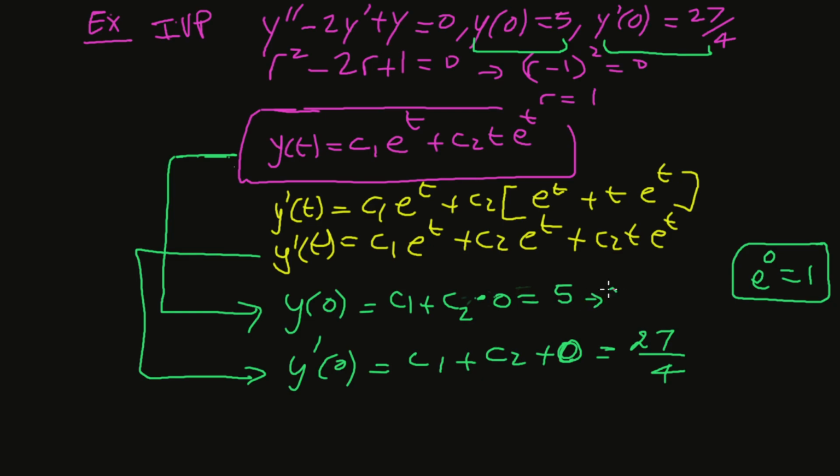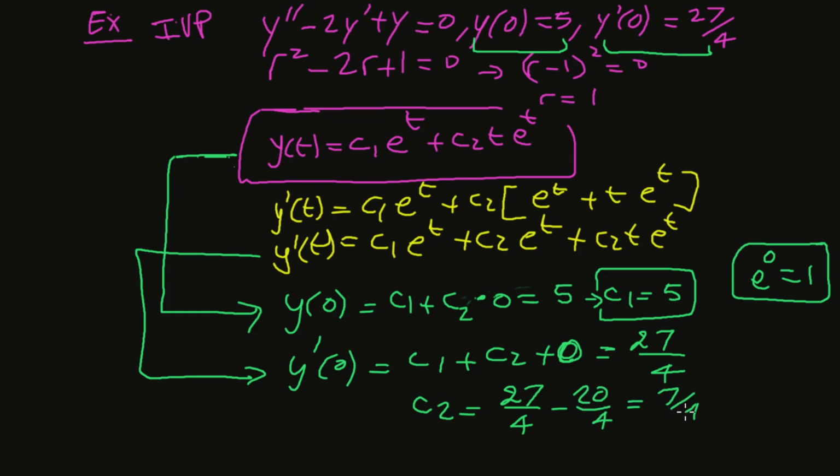Alright, so this one gives me C1 equal 5. And now C2 is 27 over 4 minus 5. 5 is 5 times 4, 20 over 4. So 27 over 4 minus 20 over 4, which is 7/4. Alright, so that gives us what we're looking for. And I haven't used this blue, so let's use it. I'm just going to stay consistent.